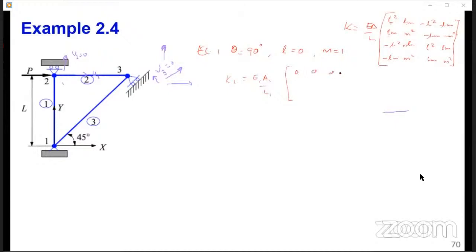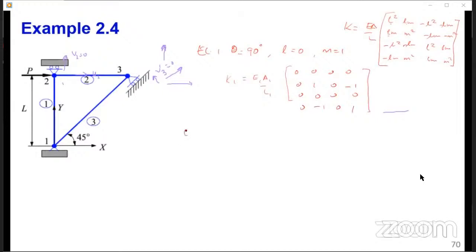The top row all contains L's. So it is 0, 0, 1 squared is 1, 0, minus 1, 0, 0, 0, 0, 0, minus 1, 0, 1. Okay. So of course you can factor in what the E's and A's are for 1.